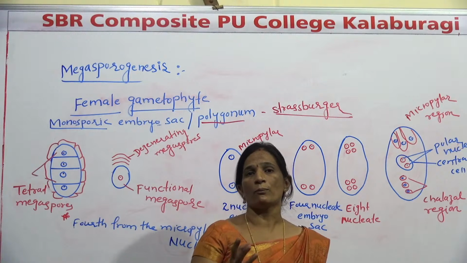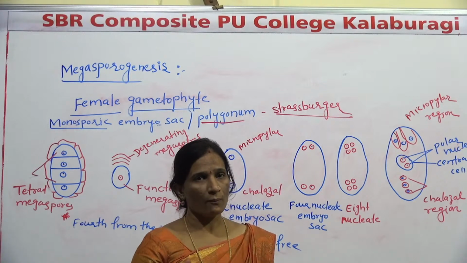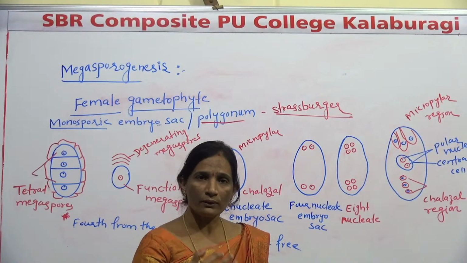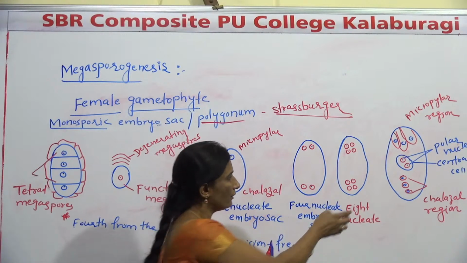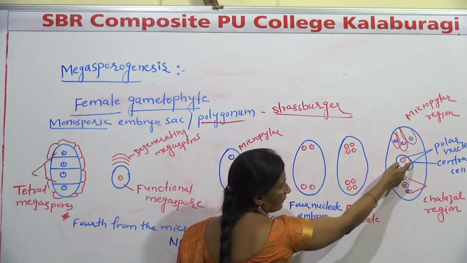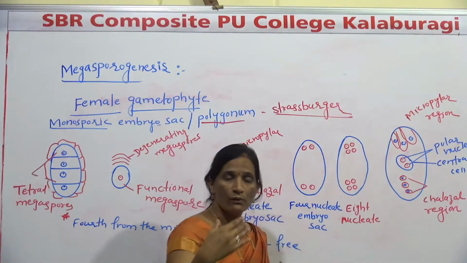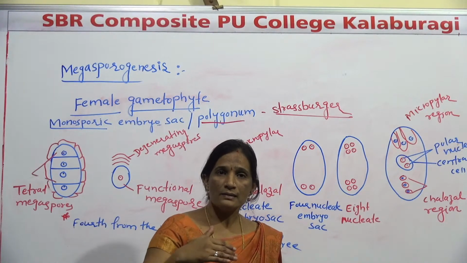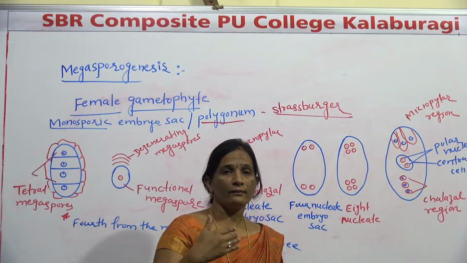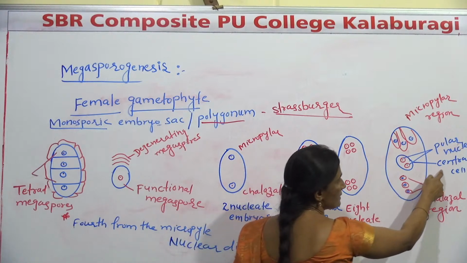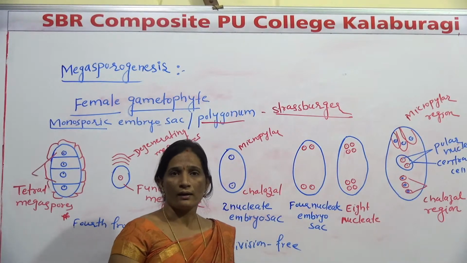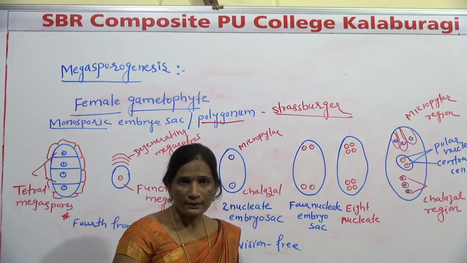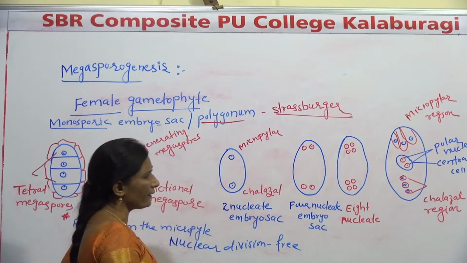Because the nuclei come from the polar regions, one from the micropylar region, another from the chalazal region. When both nuclei move to the center, they are surrounded by cell wall, and that is called the central cell, and these two nuclei are called the polar nuclei. Is it clear? Concentrate here.